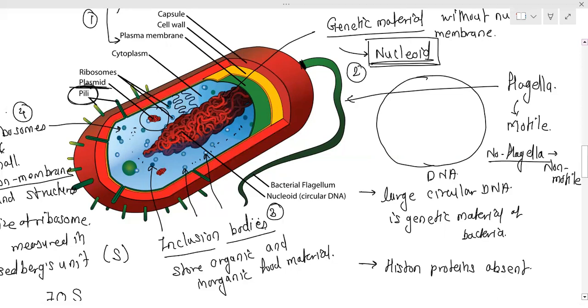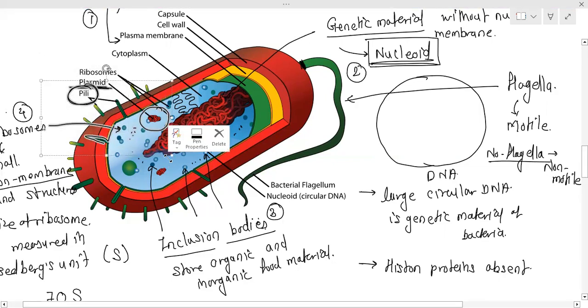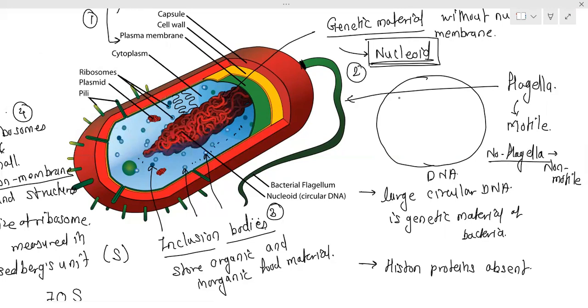But if you see the pili, that green color is the plasma membrane, and it is taking a turn outside the cell and forms these projections outside the cell. Pili are projections of plasma membrane outside the cell.